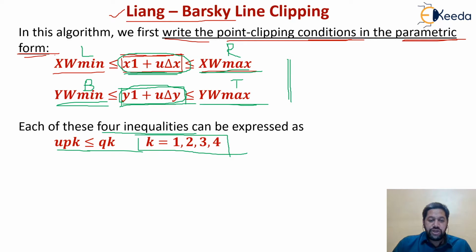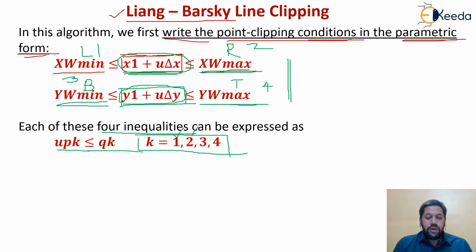Though it is not mentioned here, one indicates the left, two indicates the right, three indicates the bottom, and four indicates the top. So k is equal to 1, 2, 3, 4.